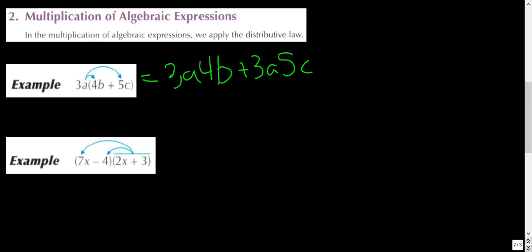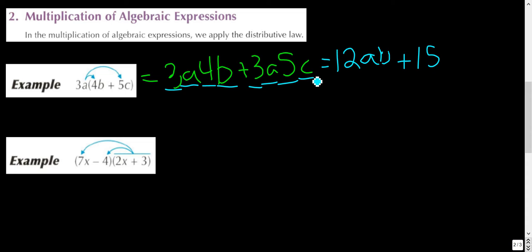When we're multiplying, we take all of our regular numbers and multiply those together. So we've got 3 and 4, that makes 12. We have a and b is just ab. We then have 3 and 5 makes 15, and a and c makes ac.